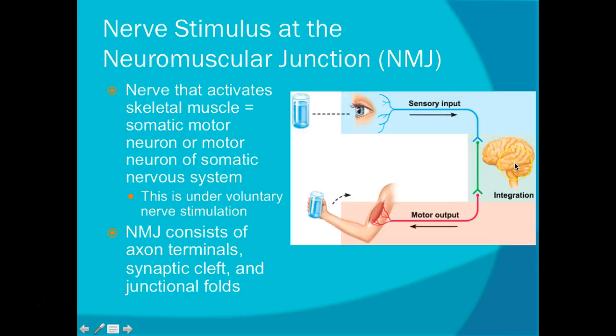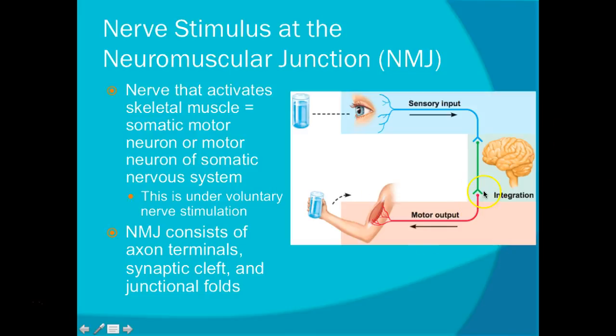Then we go to our integration center, which essentially is our brain, but sometimes we have reflexes in our spinal cord, but we're going to talk about all of those more detailed things in our nervous system lecture in Anatomy 3. So anyway, we get that sensory input, and our brain determines what output we're going to do.